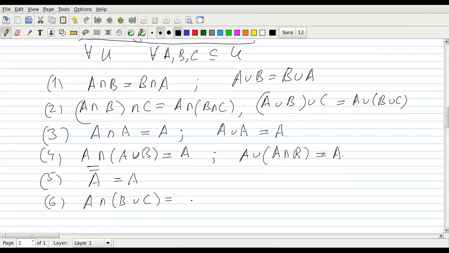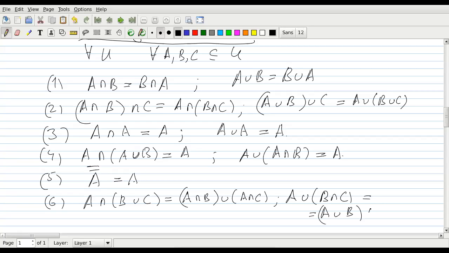The intersection with a union equals the union of two intersections. And dually, the union of A and the intersection equals the intersection of two unions.